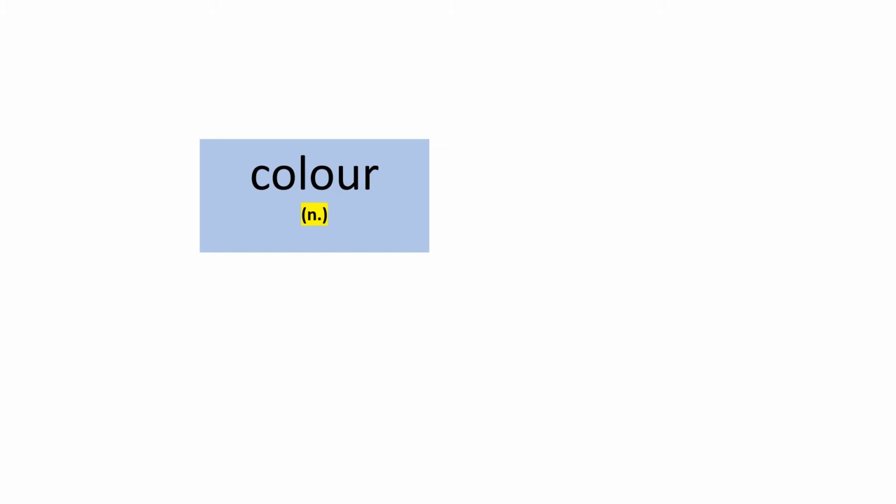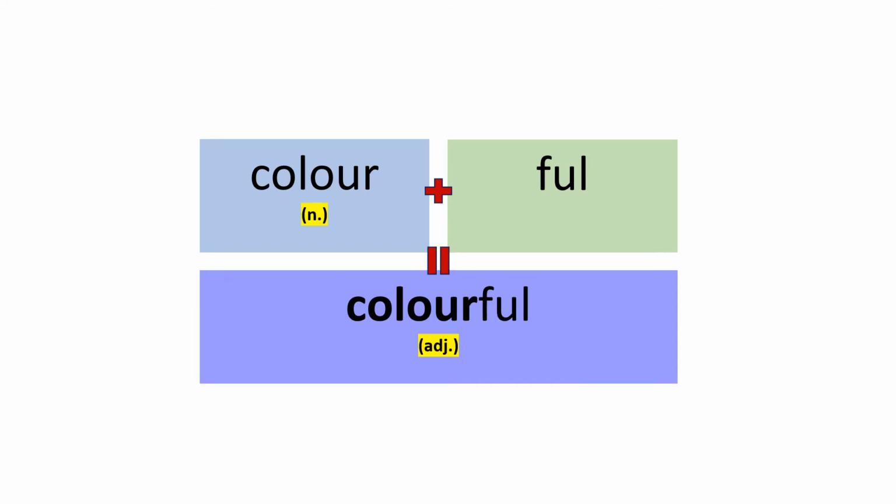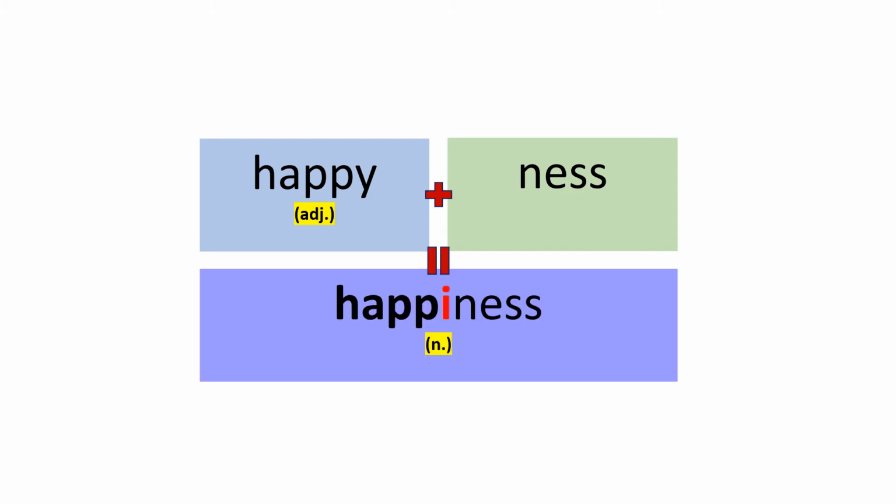When we add the suffix full to the noun color, it's changed to an adjective, colorful. What about this? After we added the suffix ness to the adjective happy, what has changed? The root word is changed from an adjective to a noun.